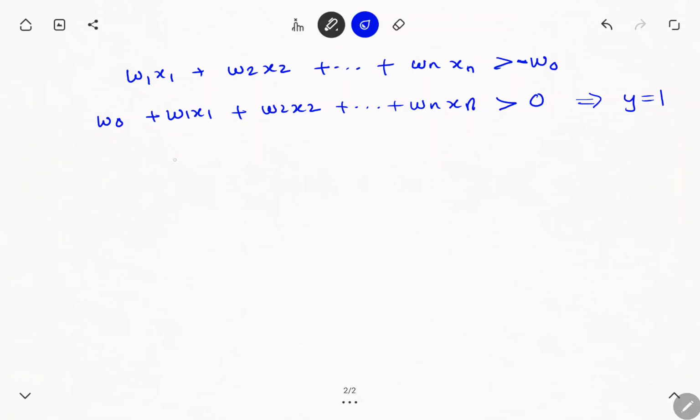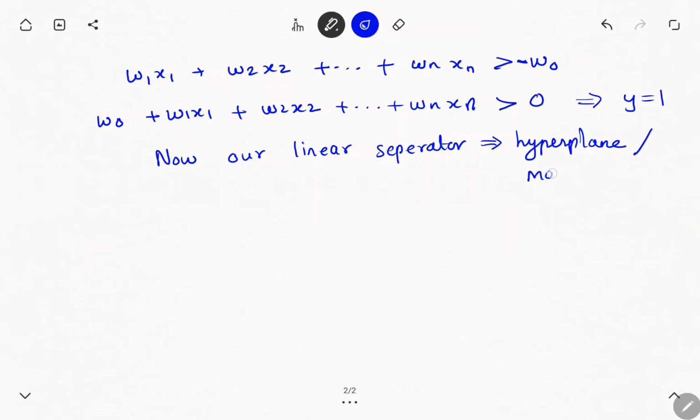Okay, so now because of this bias term, our linear separator between the two classes, the official term is the hyperplane or the margin. Okay, this is the official name for it.